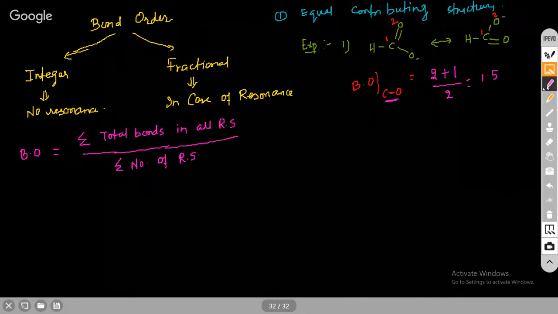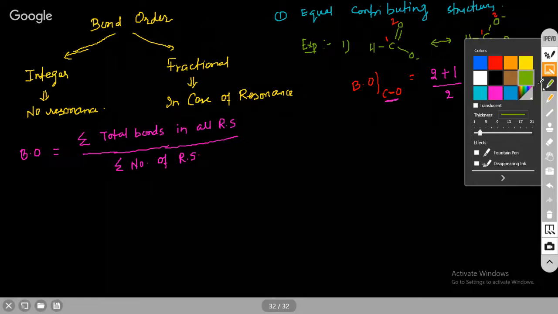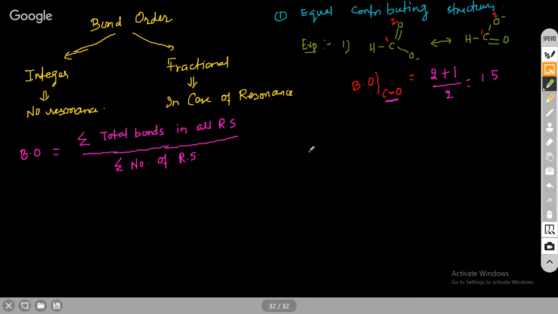Okay. Another example you see. Second one. I'm just leaving some space here. Okay, we'll use this space later on. I'll just give you one more trick here. So just see the second example.